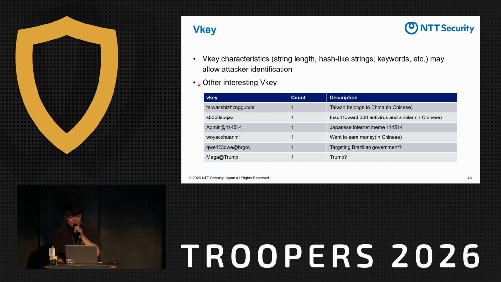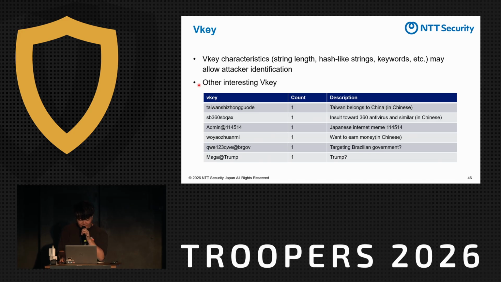By analyzing properties such as string length, hash-like patterns, and the presence of specific keywords, it may be possible to support attacker attribution or classification. We also observed several interesting examples of wikis. For instance, some strings contain geopolitical messages, references to specific products, or even internet memes, which may provide hints about the attacker's background or interests.